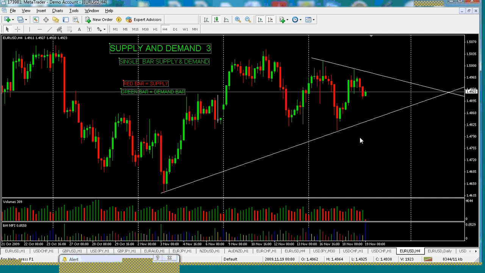The trick, and I think this is the part I need to explain better, that's tripping a lot of you up with single bar support and resistance, is that these same green bars, on the way up, are demand bars. On the way up, they represent demand or buyers. But on the way down, they represent supply or sellers.